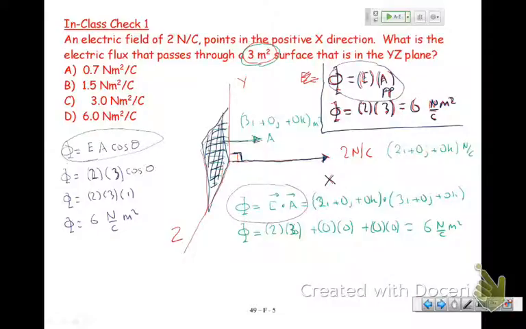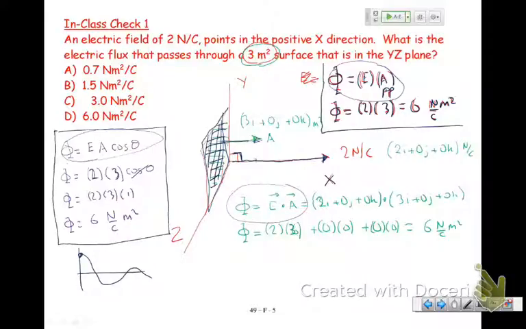And when I look at this diagram, these guys are parallel to each other, and so I have the cosine of 0, and of course the cosine of 0 is 1. So I have the same answer, but I got it by moving from a different starting point. And sometimes that's a useful way to go.